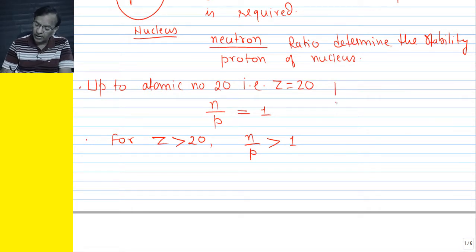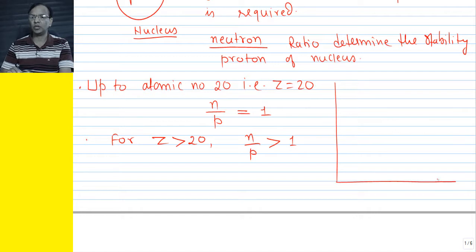To illustrate it further, a stability band is obtained by plotting the number of neutrons versus number of protons.